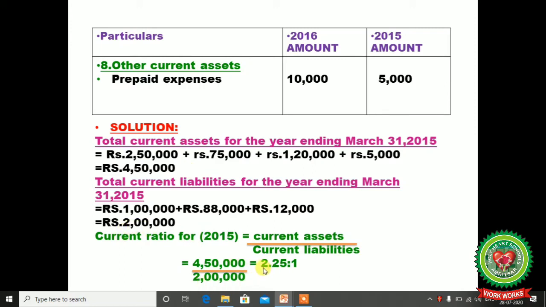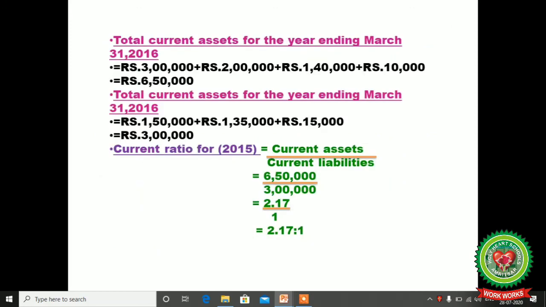So the answer is 2.25 ratio 1. Is it satisfactory, students? Yes, it is totally satisfactory because your ideal ratio is 2:1. Good result of the company in 2015.